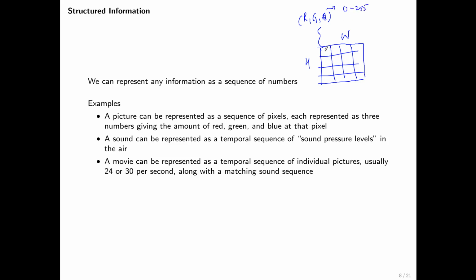So for each pixel, we need three 8-bit numbers, and we need a total of 3 times W times H 8-bit numbers to represent a picture that has a width of W and a height of H. Okay, so the bottom line is that a picture can be represented simply as a sequence of integers.